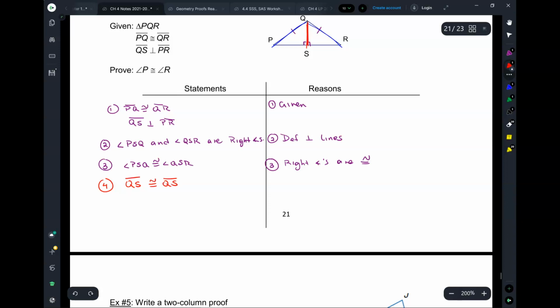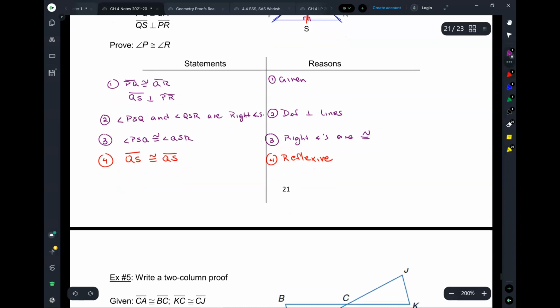SSA. HL. Oh, HL. So, when you have two right triangles, if the hypotenuse and one leg are congruent, then it's HL. Okay? So now I can say triangle PQS is congruent to triangle RQS, HL, and then angle P must be congruent to angle R, CPCTC.